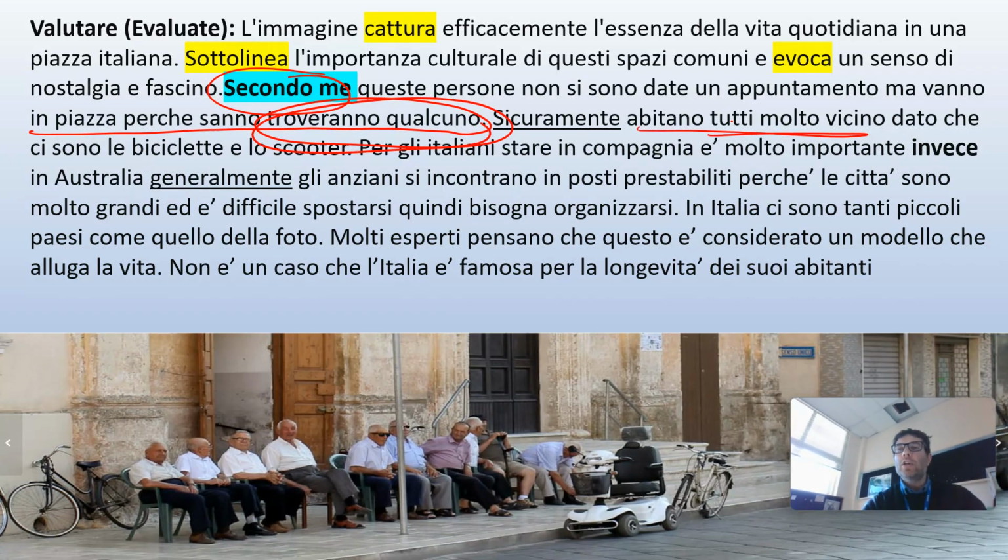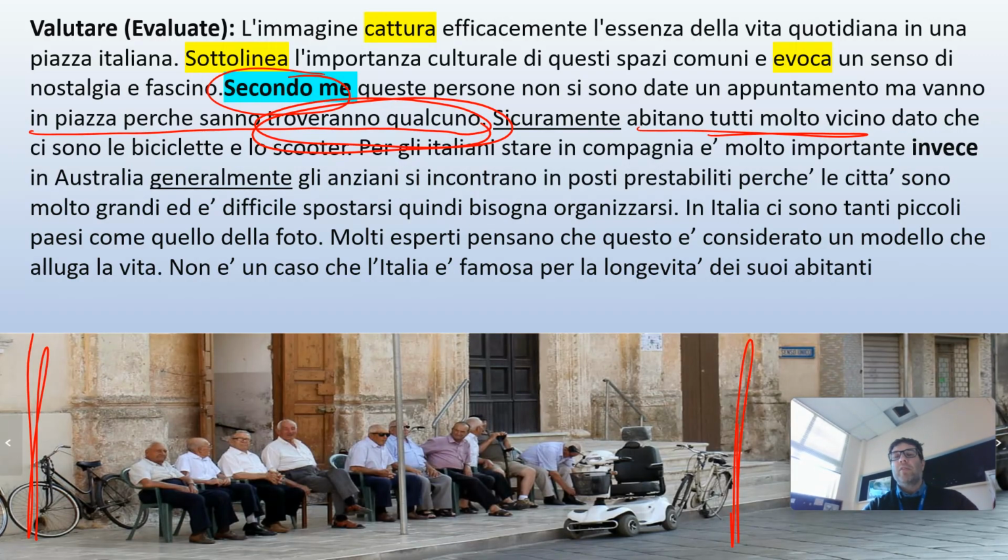Abitano tutti vicino, quindi sono parte di una comunità, hanno la compagnia degli amici, probabilmente sono tutti pensionati. So maybe they're all pensioners. You can obviously speculate, because in this case it's an image taken from the internet with no reference to a topic that you have studied.